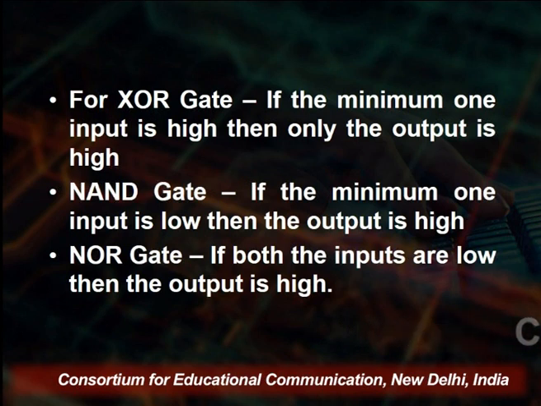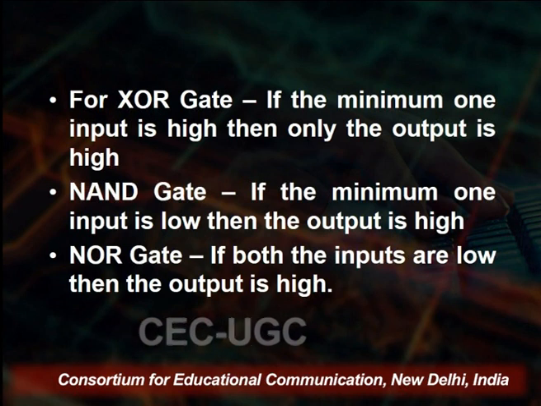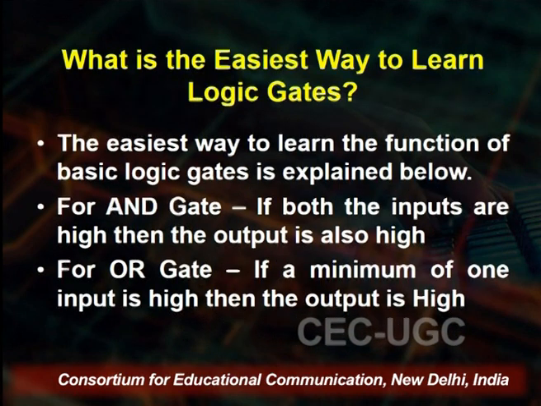In the NAND gate, if at least one input is low, the output is high. We are talking about when we get a high output. In the AND gate, when both the inputs are high, the output is high. In the OR gate, when at least one input is high, the output is high. In the XOR gate, when exactly one input is high, the output is high.